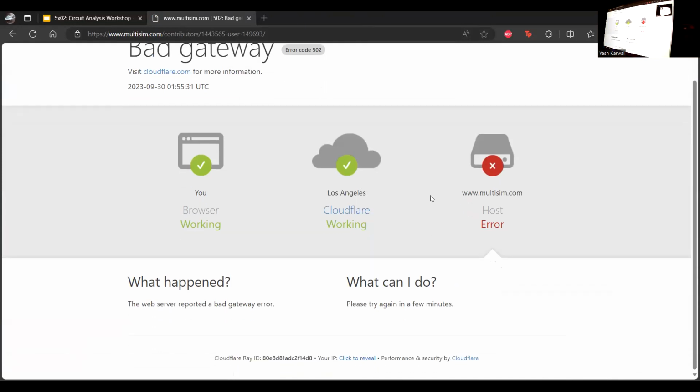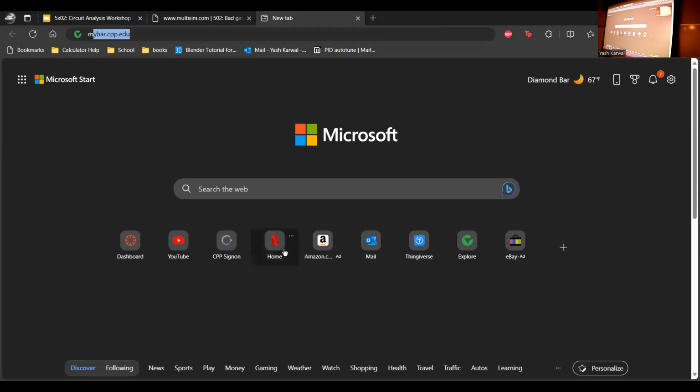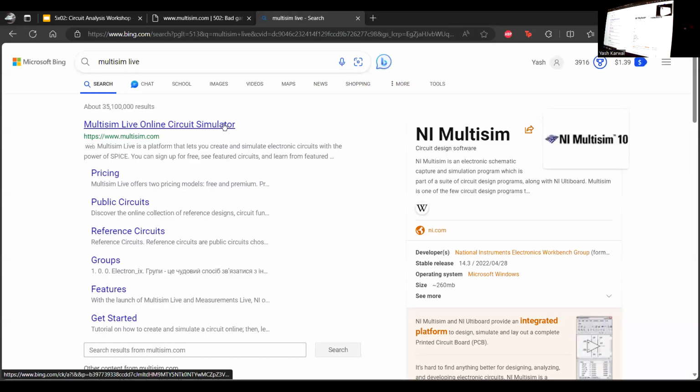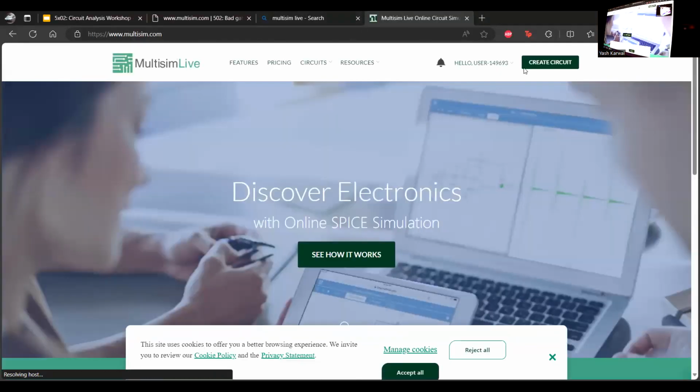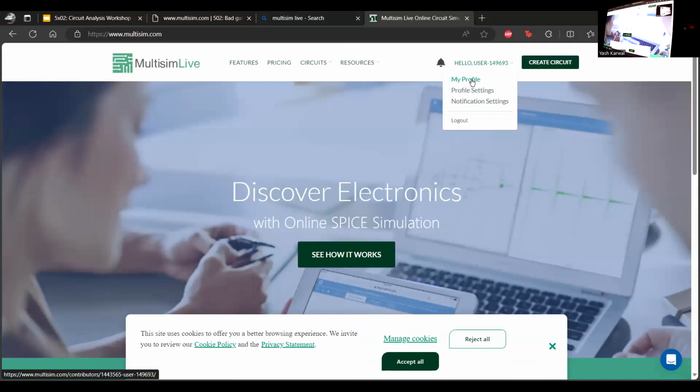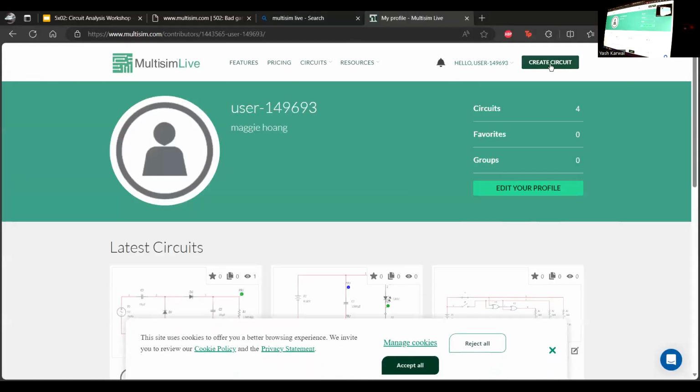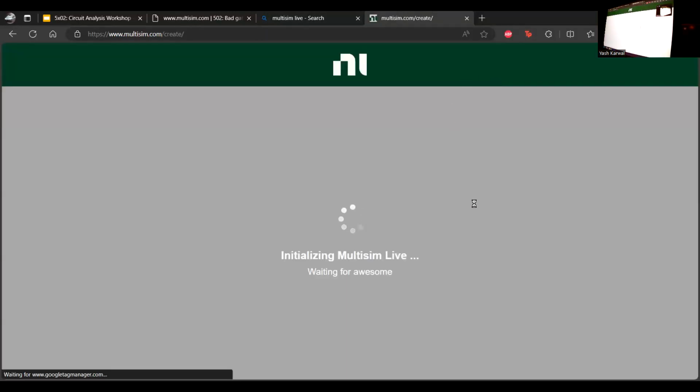Bad gateway. Yeah, I kind of warned you about that. I realized that in the middle of the work. Okay.